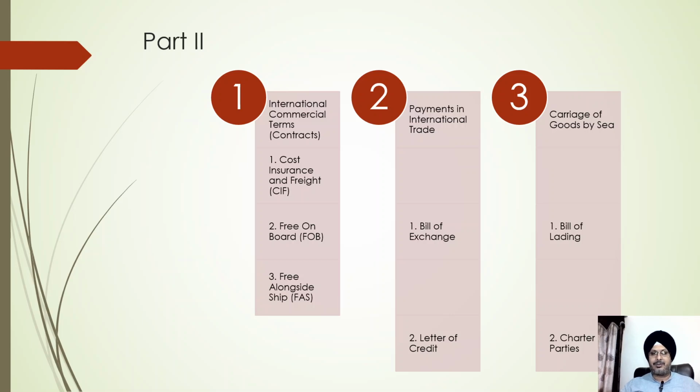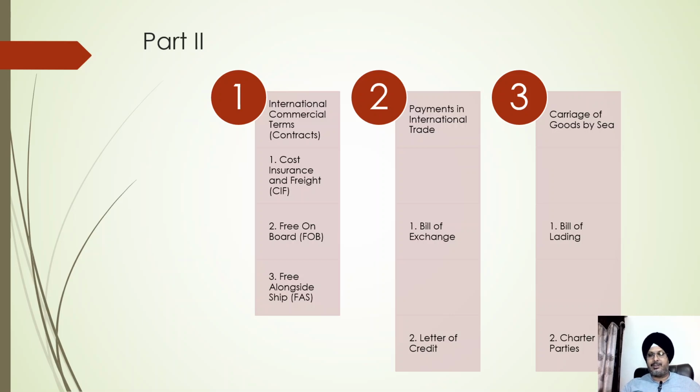And the third topic of part 2 is carriage of goods by sea: how goods are carried through the sea and what the important modes are. There are again two: bill of lading and charter parties. These bill of lading and charter party documents concern whose duties and liabilities, and who has the right to claim in the case of loss.